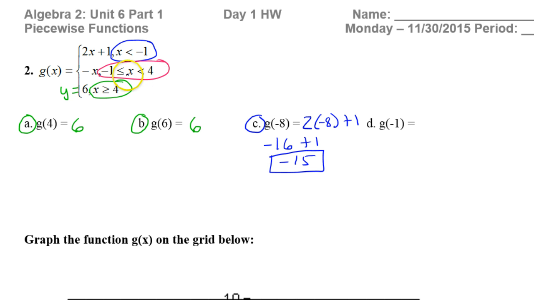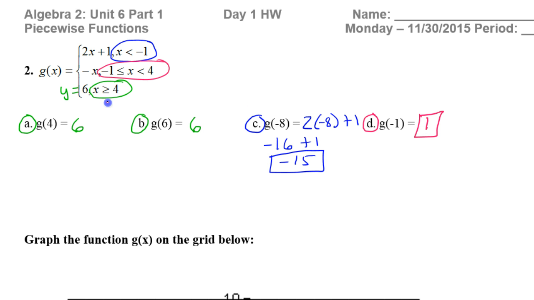Well, because of the equal to part here, anytime that -1 is less than or equal to x, we're going to be doing the middle function. So because -1 is equal to -1, that tells us that we will be in the pink situation. And in the pink situation, we just do the opposite of x. So the opposite of -1 is +1. So that makes it pretty simple. So these are the 3 values that we're going to have.